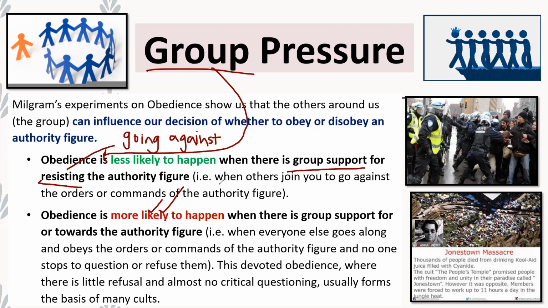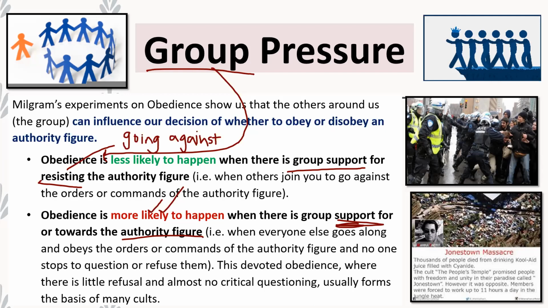Why are you being so dramatic? Just continue. It's just an experiment. What's the big deal? And they are not actually going against the authority figure, but rather supporting the authority figure. That means that obedience is more likely to happen. So even though you know what you're doing is wrong, you're more likely to still follow the commands of the authority figure, because you're the only one that's being kind of shot down there. Okay, so that's basically the effect of group pressure on obedience.